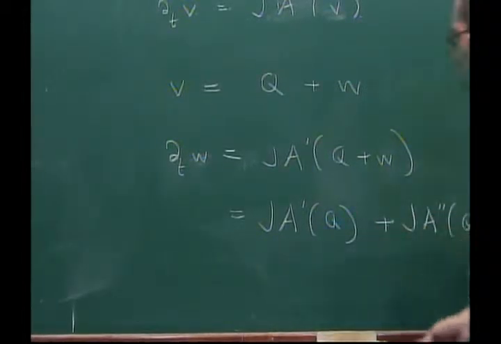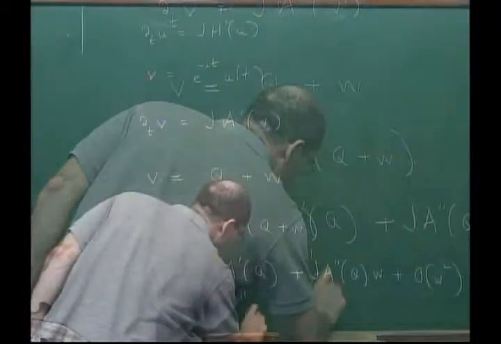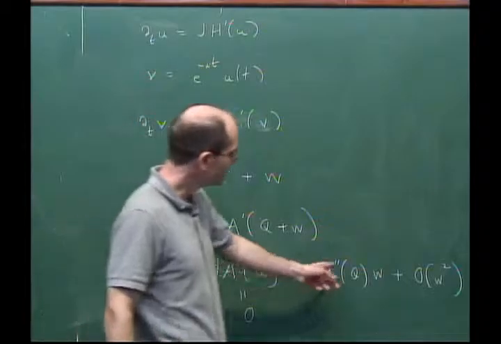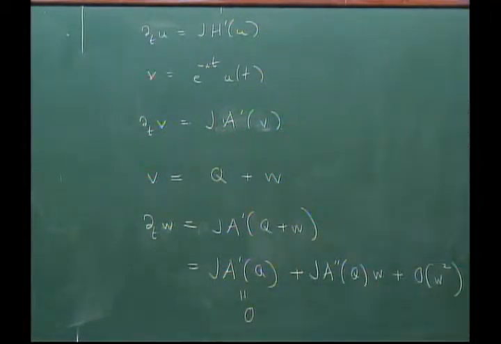But J A prime of Q is equal to 0. So then the equation for w would be dt of w equals J A double prime of Q w. And that's what we call linearization of NLS around the ground state.